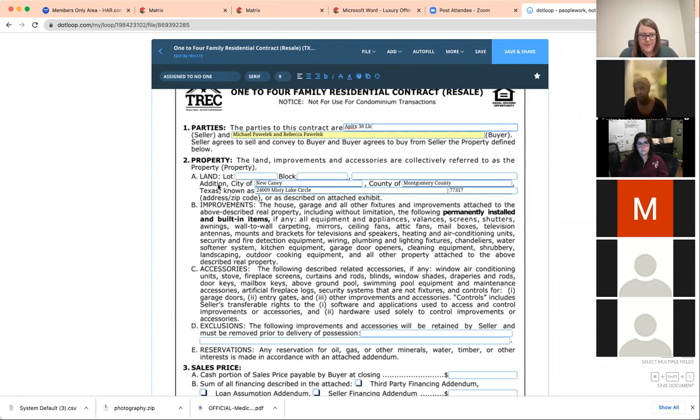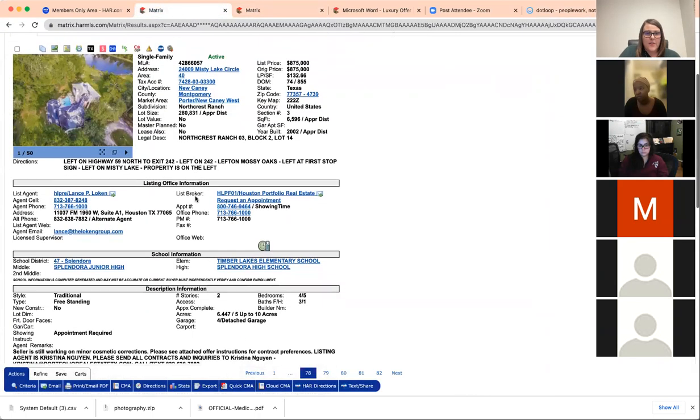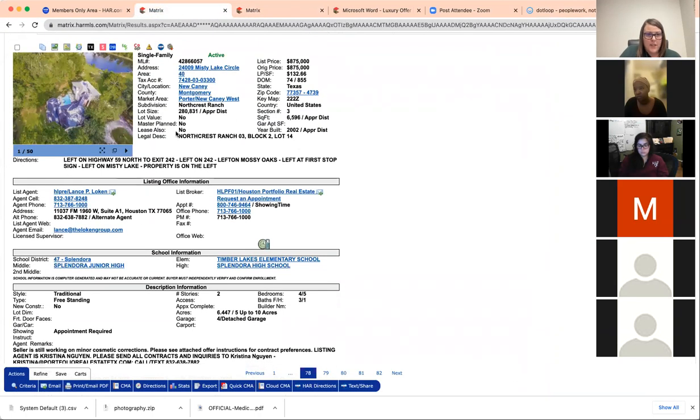We are a real estate agent who helps buy and sell real estate, which this is referencing to that real estate. So make sure it is the correct lot, the correct block, and the rest of the legal description, which is right here under legal description.